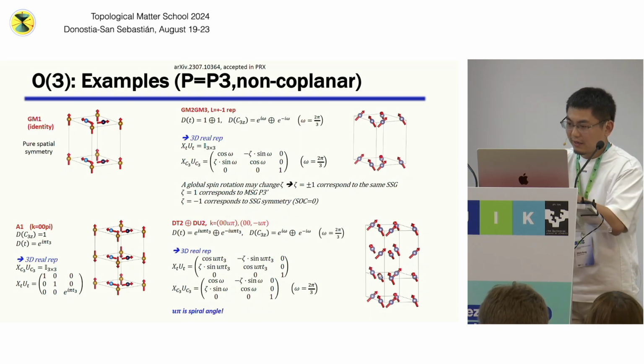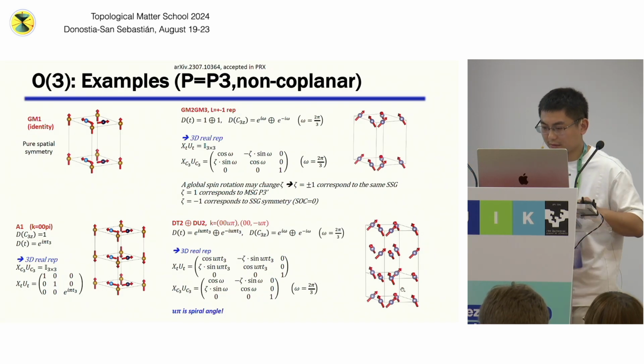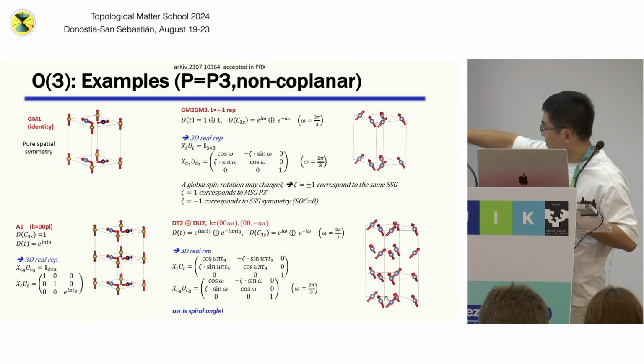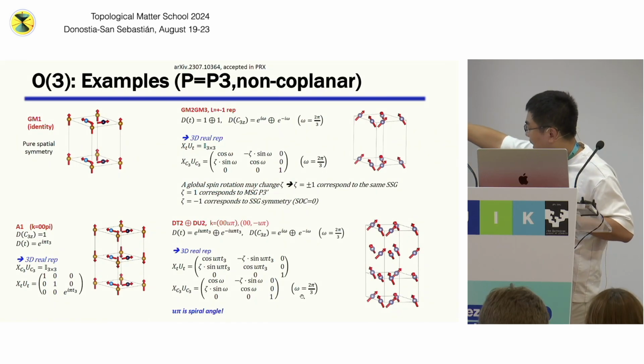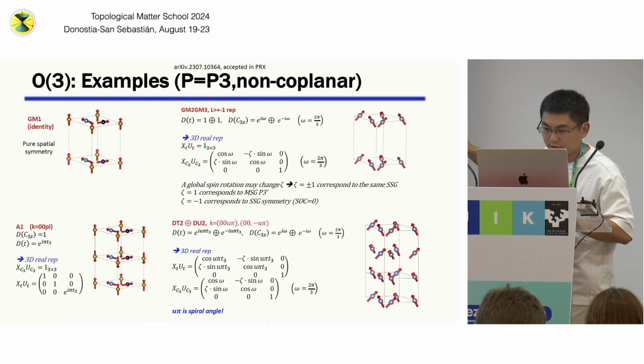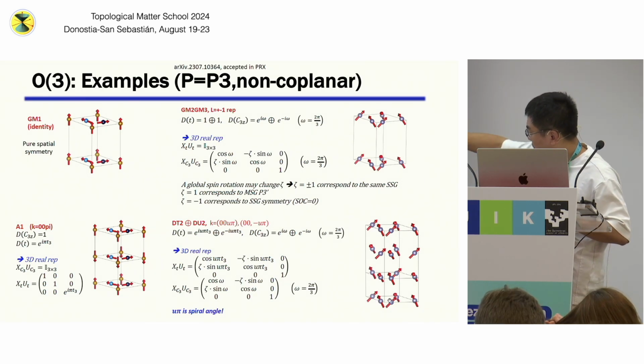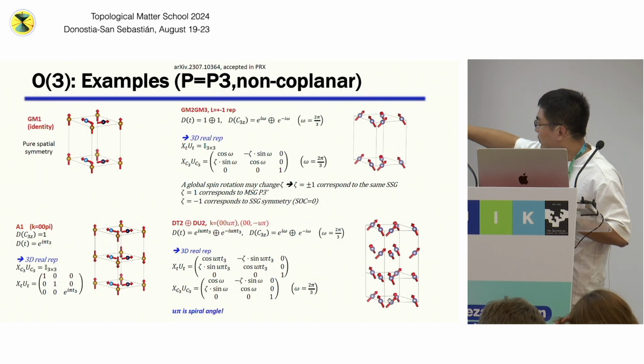And now let's consider what this means in real space. When we consider the first layer, we only need to consider the constraint given by C3. So when you rotate the atoms, you also rotate the moments. That's it for the C3 constraint. And now let's apply translation to this structure. We translate the first layer to the second layer.